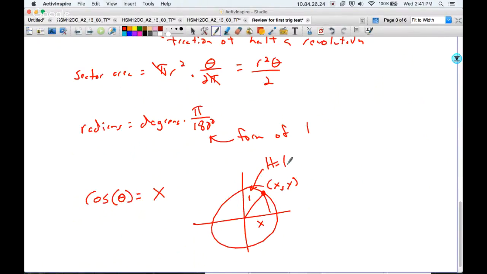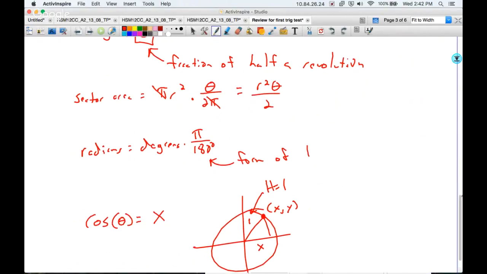So h equals 1 always. And so cosine being adjacent over hypotenuse is always going to be equal to the x coordinate of that point divided by 1, or just x. So an explanation like that would be good.